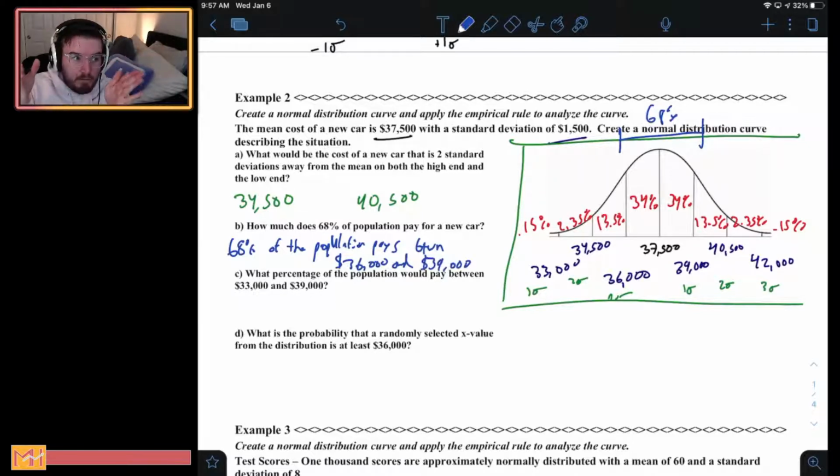That's a pretty finite, concrete amount. That's a pretty specific observation that we're able to make based on this data. So 68% pay somewhere between $36,000 and $39,000.